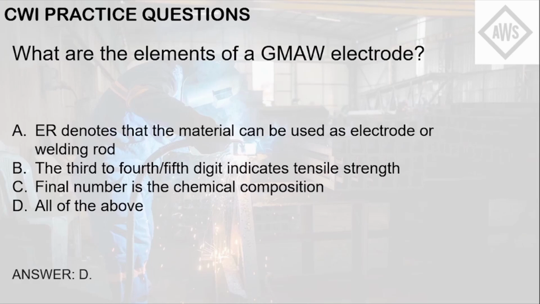So the answer here is letter D. All of the choices are accurate in terms of the elements of a GMAW electrode. Normally the electrode designations are common in the CWI exam, so you have to be familiar with those questions and the naming of these electrodes.